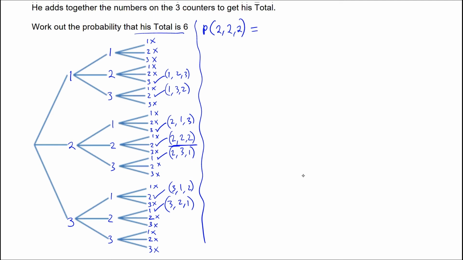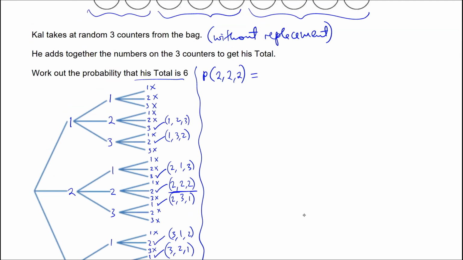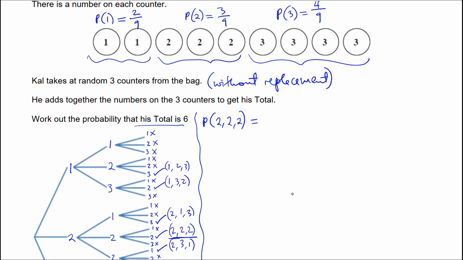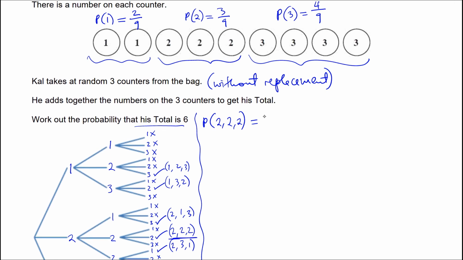Now, originally, if you check the totals, the number of 2s is 3. So the probability of the first selection is 3 out of the total, which is 9. But then after you pick one counter, the number of 2s reduces.